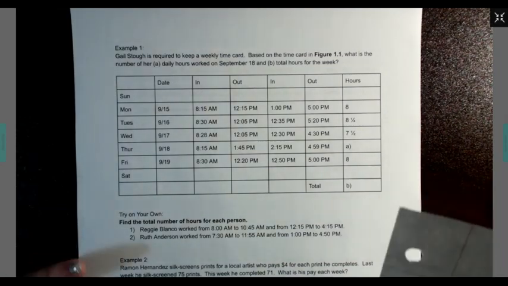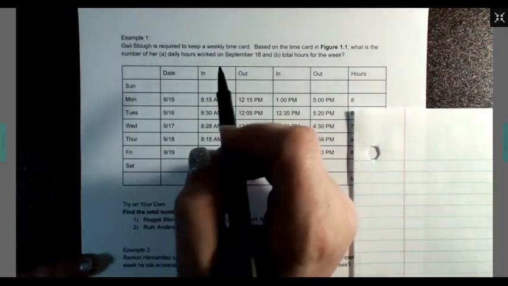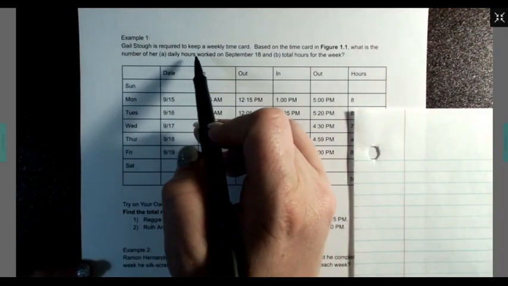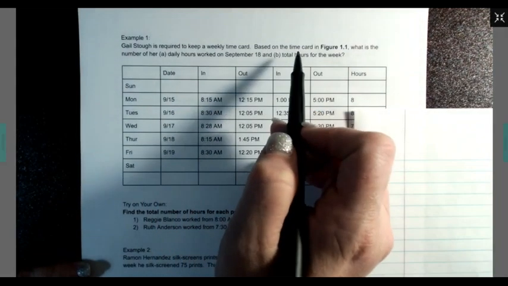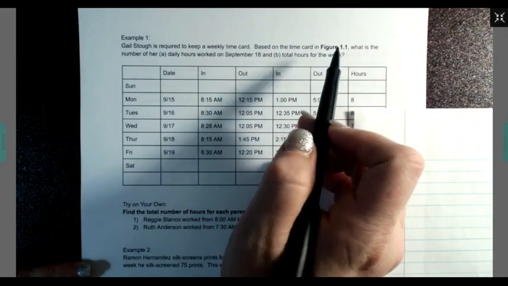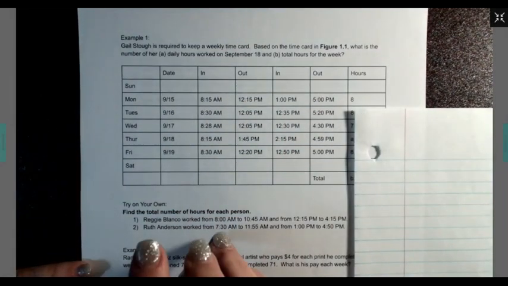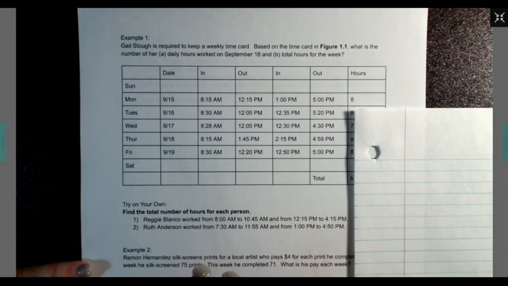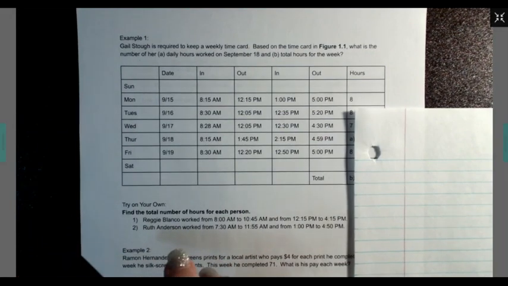Okay? So, it says, Gail is required to keep a weekly time card. Based on the time card in figure 1-1, what is the number of her A, daily hours worked on September 18th, and B, the total hours for the week?